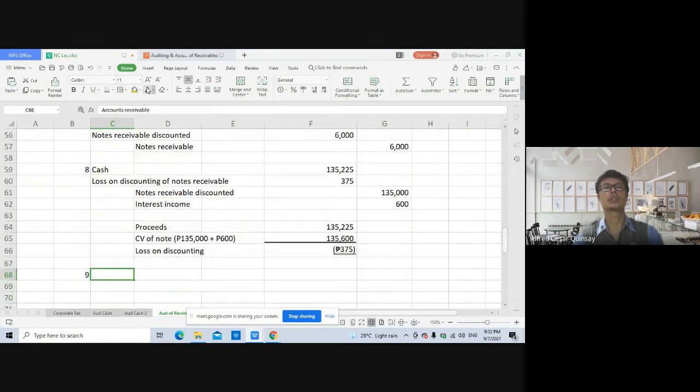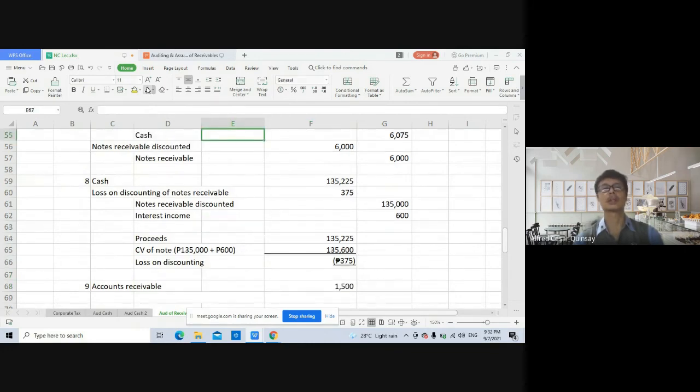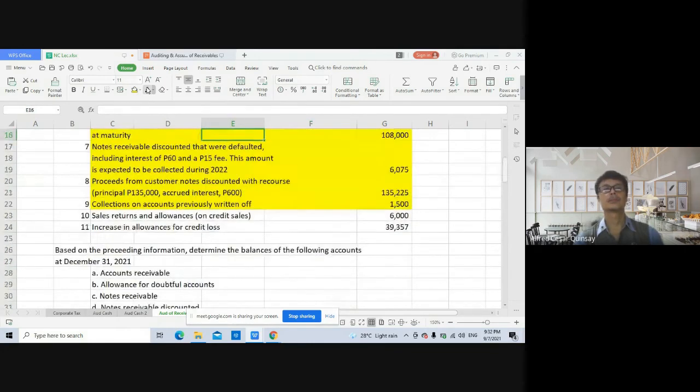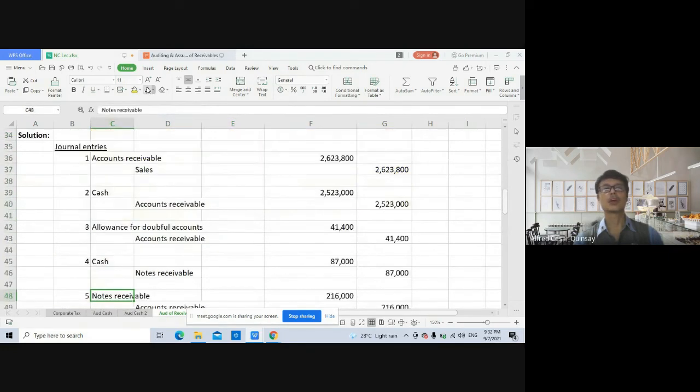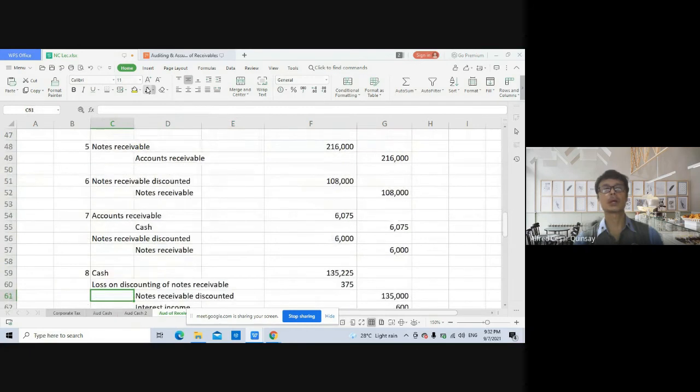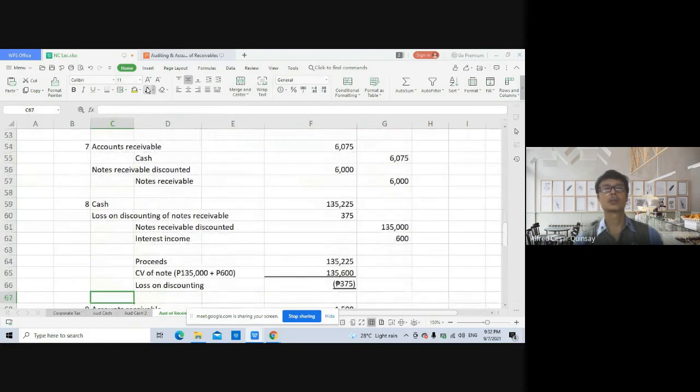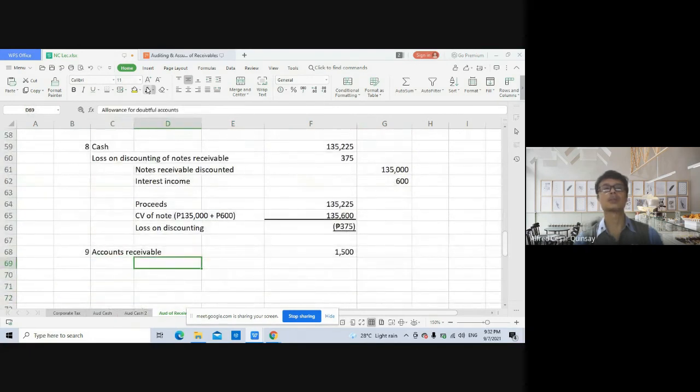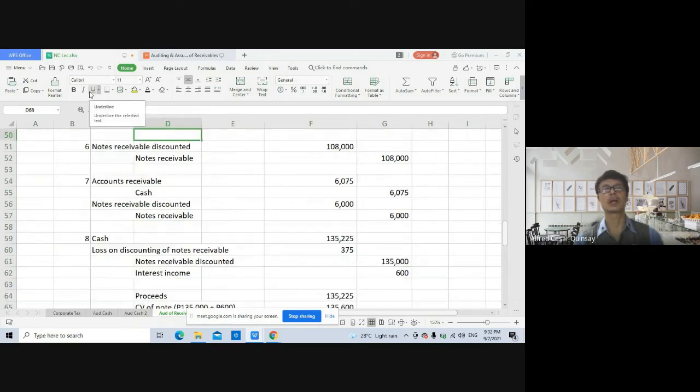So just debit accounts receivable for 1,500. I-write off, tapos na-recover. So ibabalik natin sa accounts receivable. And then credit allowance for doubtful accounts 1,500. So isinet up ulit natin yung allowance for doubtful accounts.